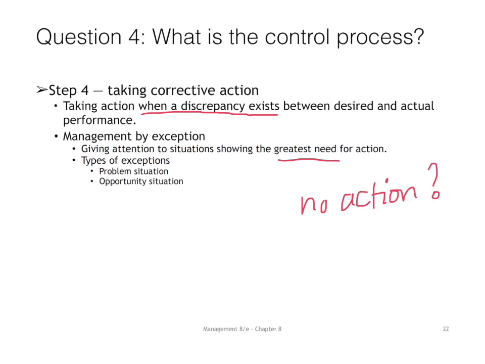That is the fourth step in the control process, related to planning. In planning, we have to decide what we will control.